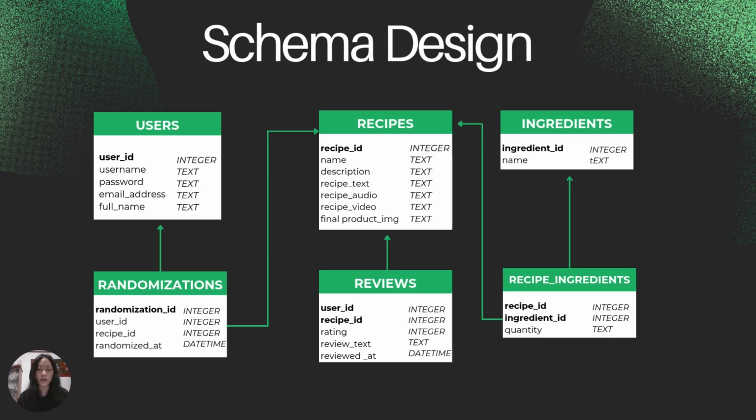For example, the reviews table contains the user ID and the recipe ID as foreign keys to connect the reviews with both users and recipes. For the recipe ingredients table, it also connects the recipe ID and the ingredient ID as foreign keys to connect the recipes and ingredients.